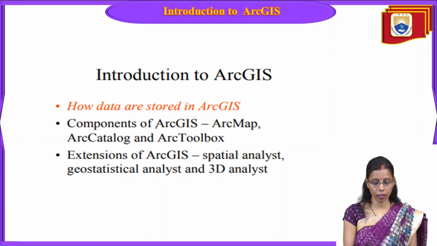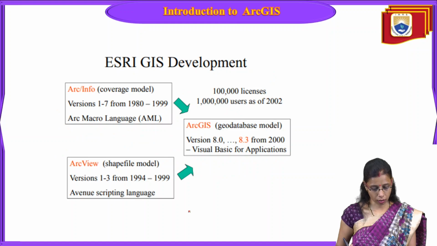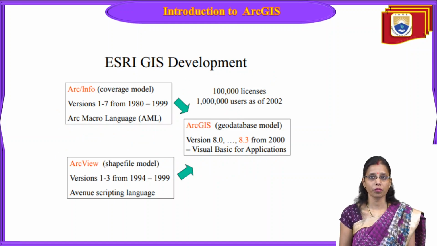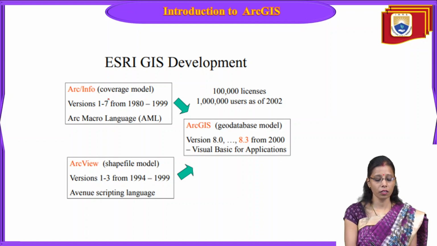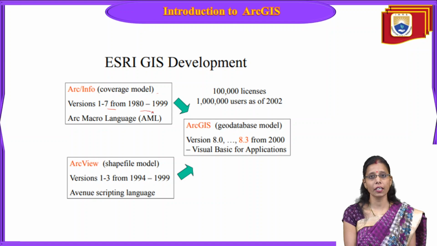Now, how data are stored in ArcGIS, components of ArcGIS. This is the ESRI GIS development. ESRI is where the software for ArcGIS is developed, and it has the ArcInfo coverage model versions 1 to 7 from 1980 to 1999, and a macro language AML with 100,000 or 1 lakh licenses which could be used by the users as of 2002.